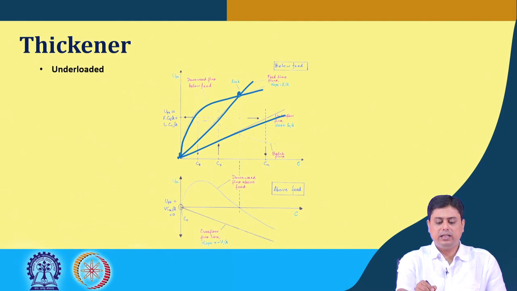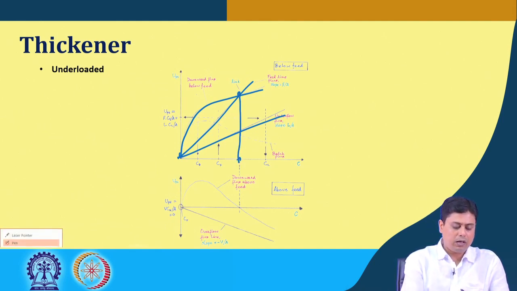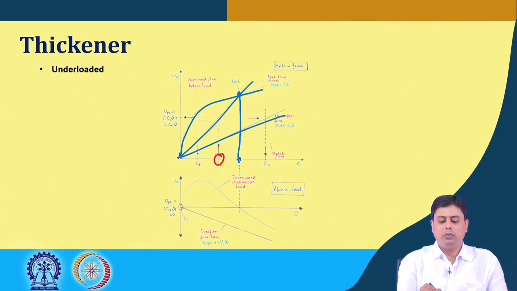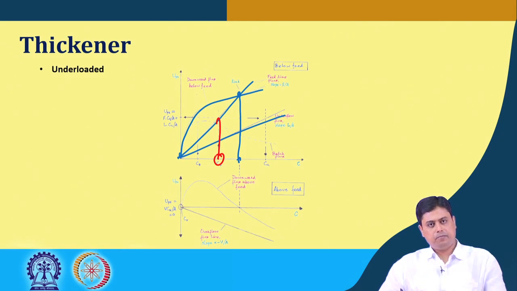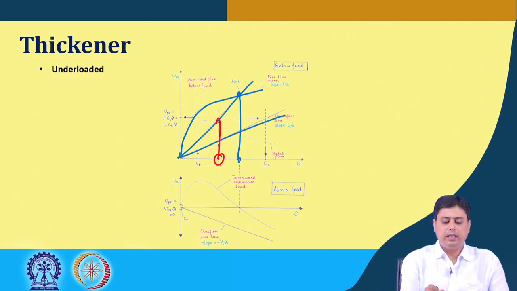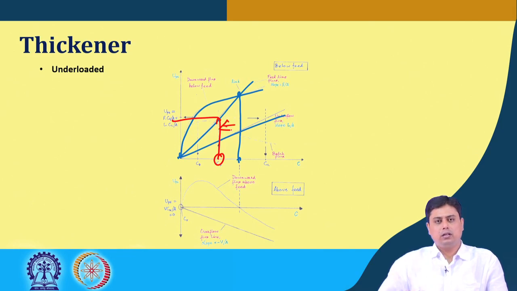This is actually the critical point, but say our thickener is operating with the Cf at this value, which means it is operating below the critical limit. That means there definitely wouldn't be any net flow in the upflow region. Total flask in the upflow region is 0.